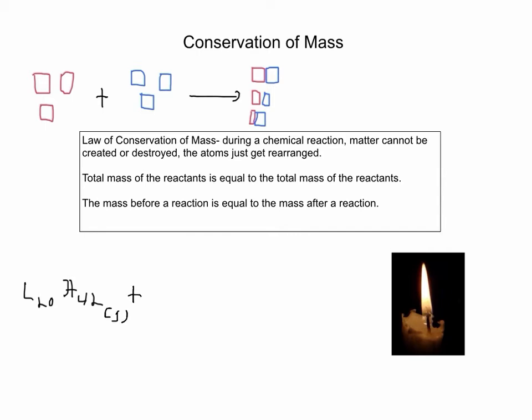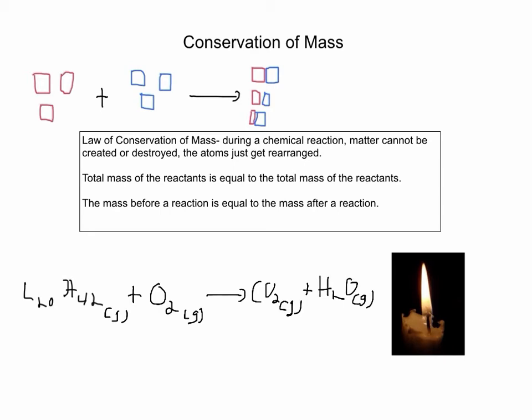Then it's burning, so by definition, if it's burning, it's reacting with oxygen, which is also a gas, yielding 2 products, and the products are carbon dioxide, which is a gas, and water, which in this case, because the flame is so hot, is also a gas.